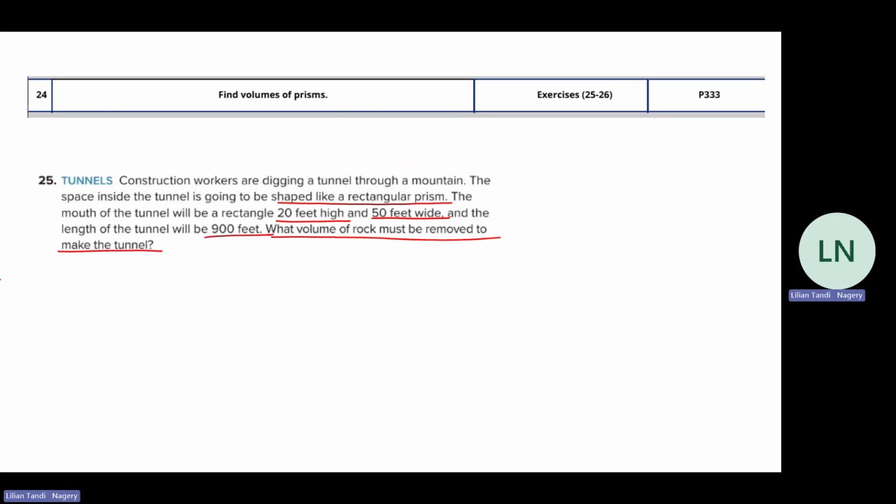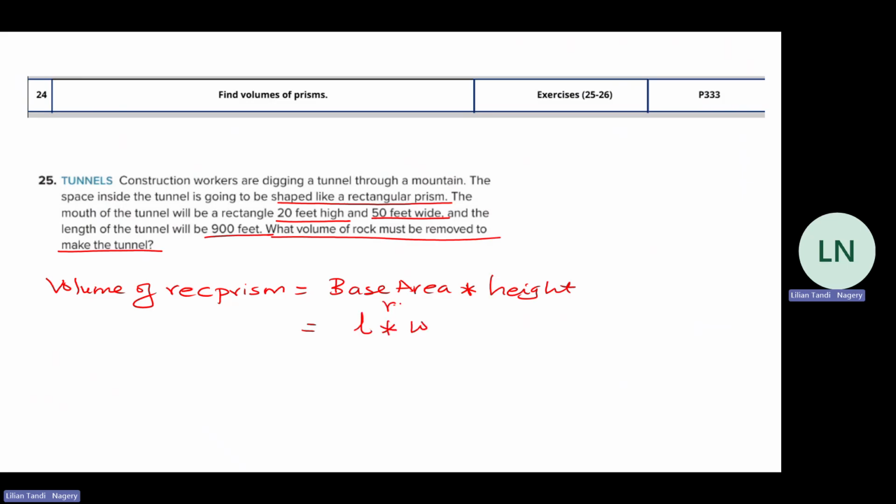Okay, so volume of rectangular prism equals base area times height. Base area of a rectangle is length times width because it's a rectangle.